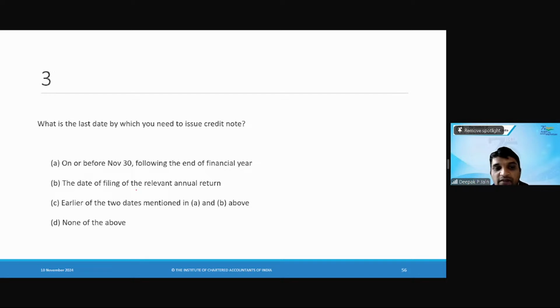It will become A or B, whichever is earlier. So the correct answer will be C. It is the earlier of 30th November or the date of filing annual return, whichever is earlier.